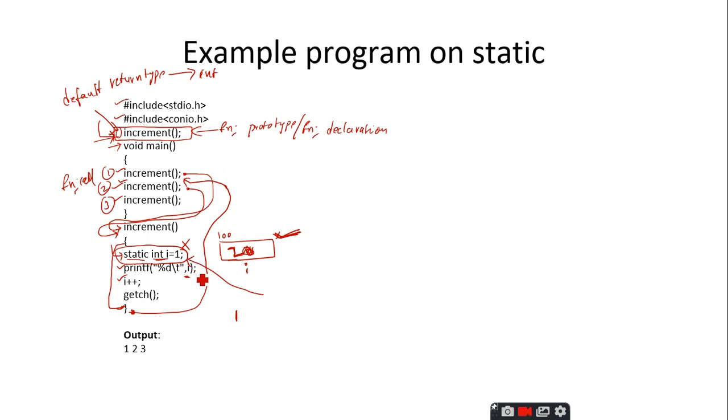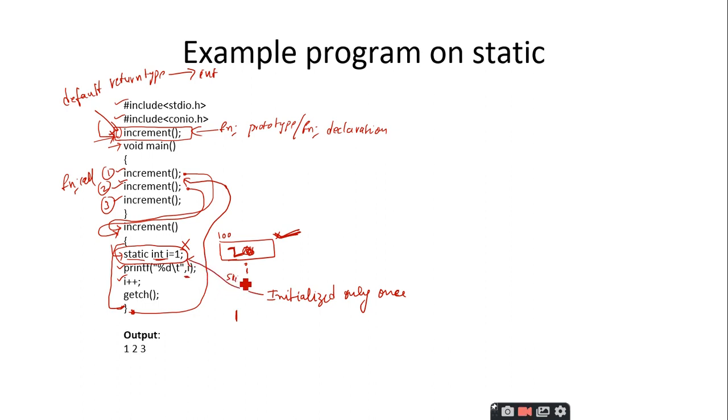So when you make the variable static, two important things you have to observe: it will be initialized only once throughout the program. So the first time you have initialized it to 1. But for the second time when you call the function, this statement is being skipped by the compiler. So no initialization takes place here.